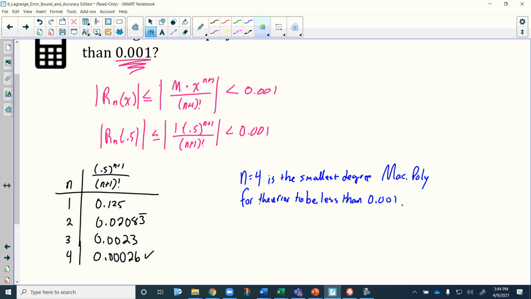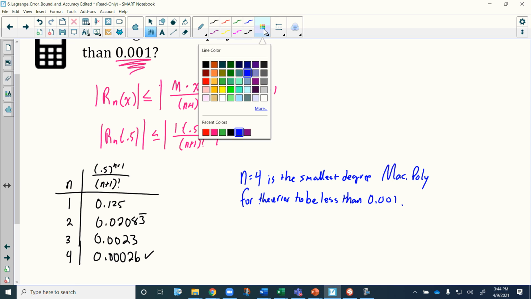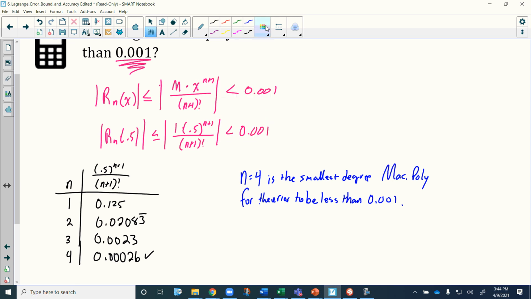Well, if we were to take the Maclaurin series and write out its Taylor polynomial for sine of x, we wind up getting a Maclaurin polynomial of m sub n of x.